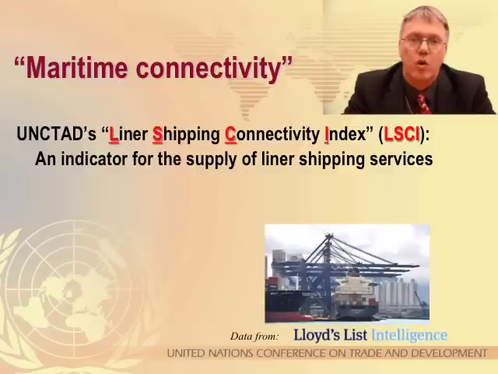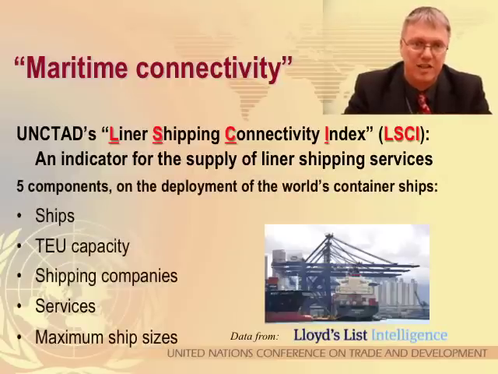We have the raw data for a liner shipping connectivity index, the LSCI, as an indicator for the supply of liner shipping services. The components of this index are as follows, 5 components. It's on the deployment of the world's container ships.